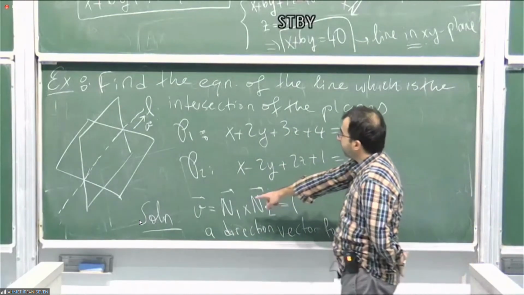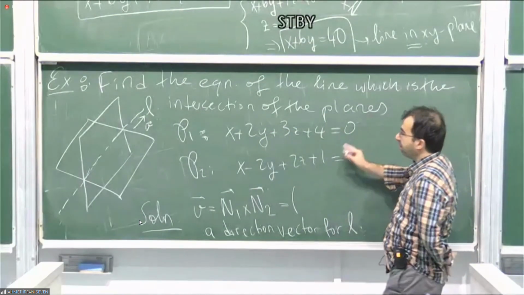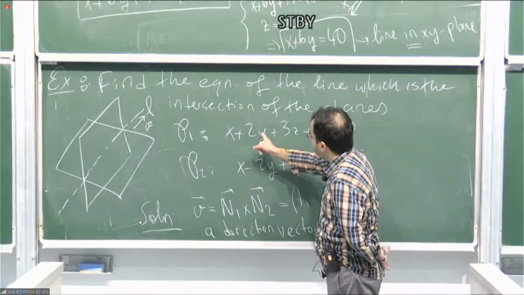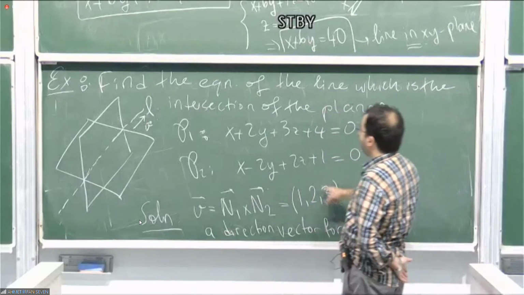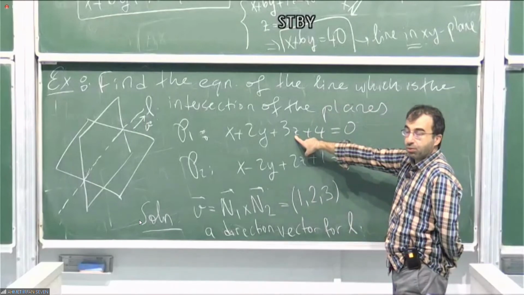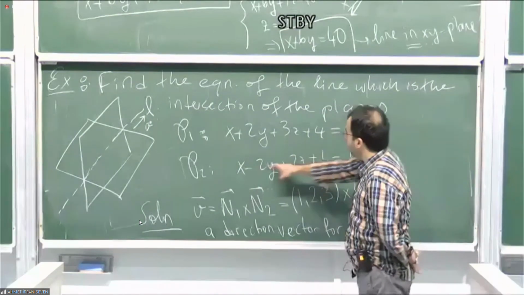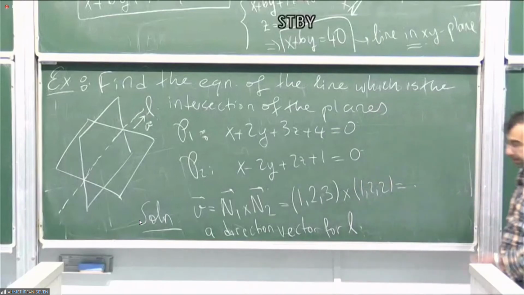Let's compute this direction vector now. N1 is the normal vector for P1. How can I read a normal vector from this equation? I'm looking at the numbers in front of x, y, z. So (1, 2, 3) will be a normal vector for P1. Similarly, (1, -2, 2) will be a normal vector for the second plane.